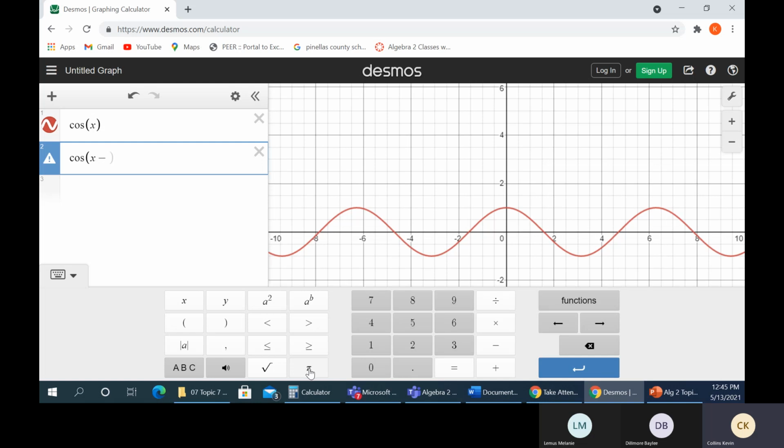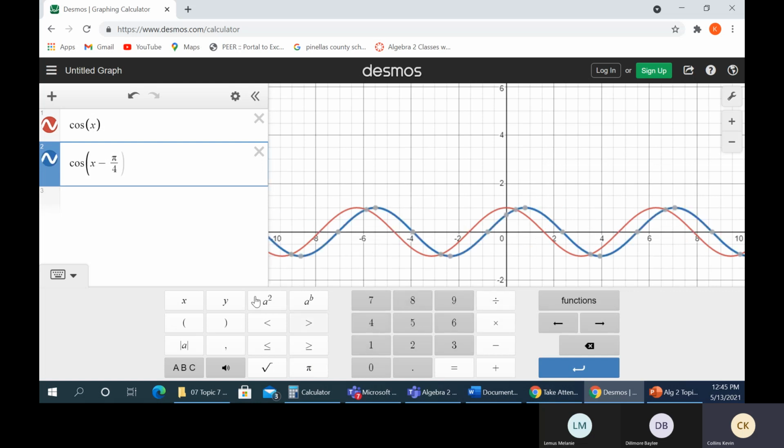All right, so then we're going to go pi and then divided by 4. So there you see the shift. We don't need a 0 there. That's going to go away. There we go. So as predicted, since this is minus, this pushes us forward.